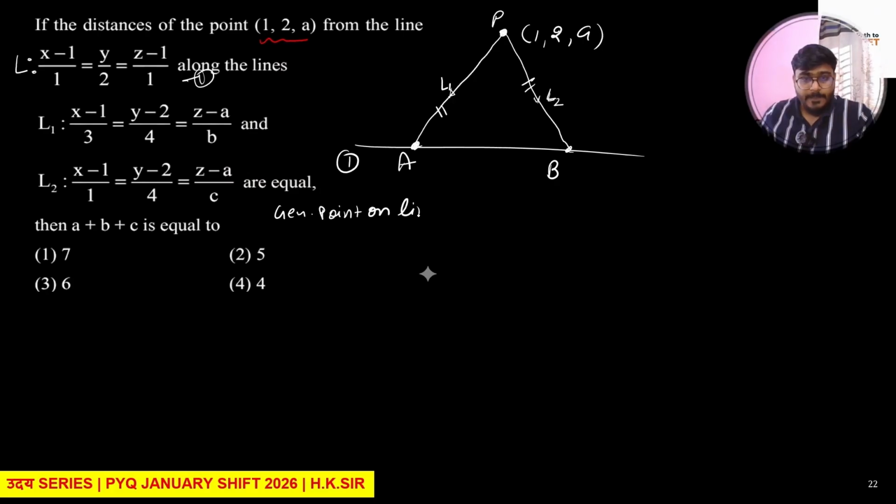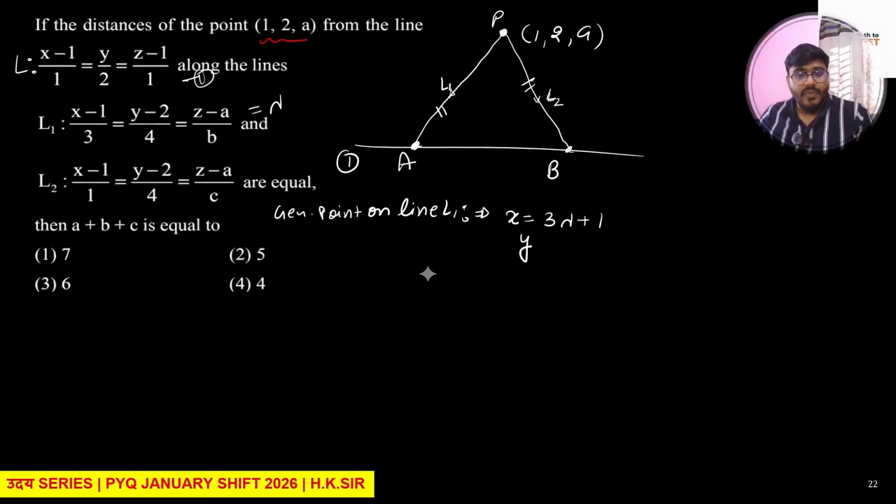Take it equal to lambda. So L1 is x equal to 3λ + 1, y equal to 4λ + 2, and z equal to bλ + a.